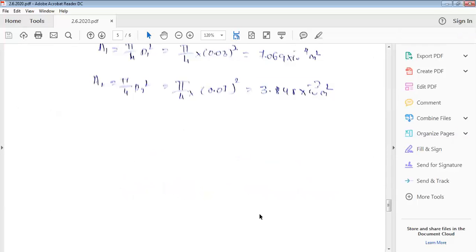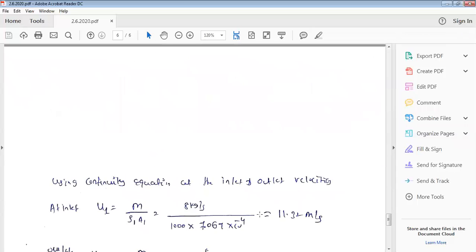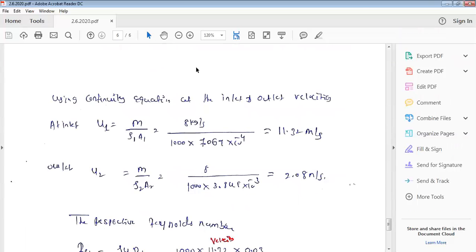Now moving on to the next. I told you, no? We are going to make use of the continuity equation. Using the continuity equation at the inlet and outlet, what can we write? The velocity at the inlet is nothing but mass flow rate divided by density into the area.